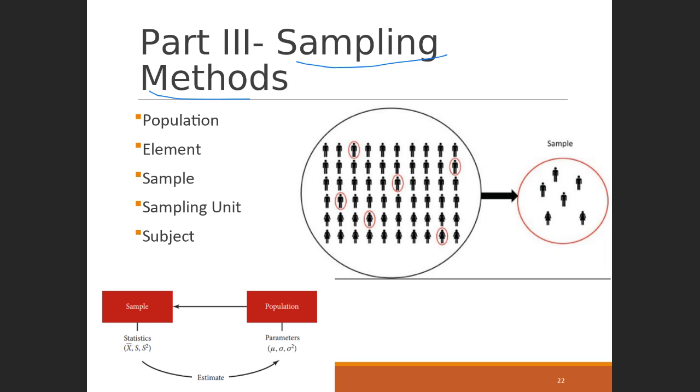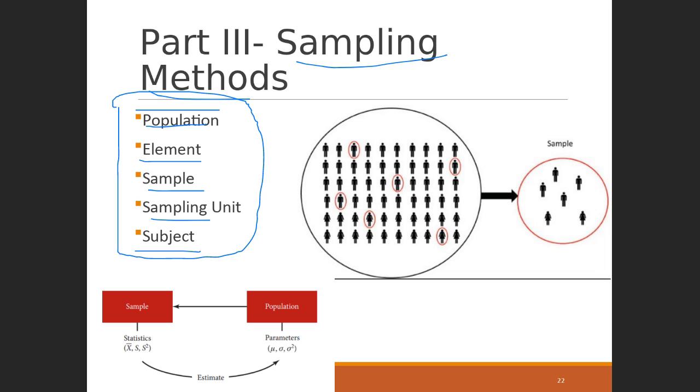So before discussing sampling, let us discuss the basic constructs of sampling, like population, element, sample, sampling unit, subject. These are the basic parts of your sampling method.